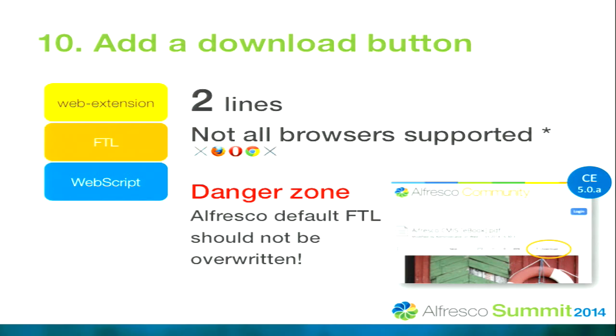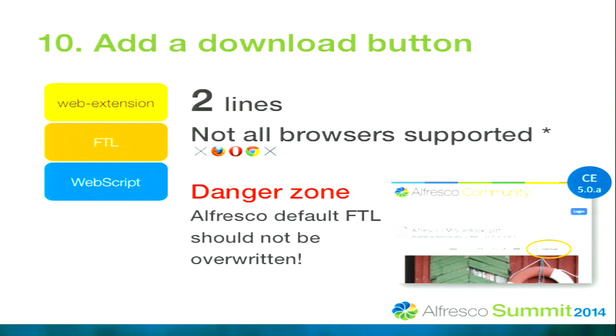These are only 2 lines of code. It's not supported by our browser because we're using some special markup. But you can extend it, or you can make it more accessible. We are in a danger zone because we are overriding the source code from Alfresco, and we are using a web script from the internal API.